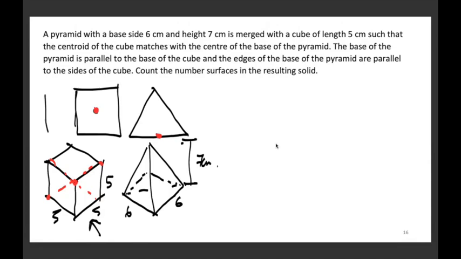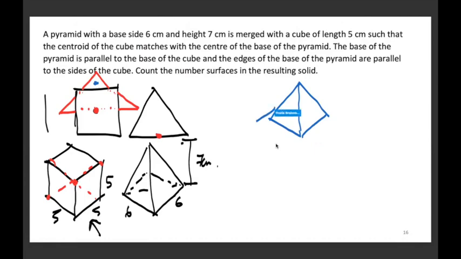When I merge them together, the pyramid will come here like this, and it will look like this in elevation. If I were to draw this in 3D, I will see the pyramid, which is the top part, this one.